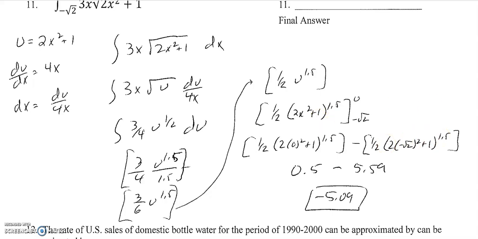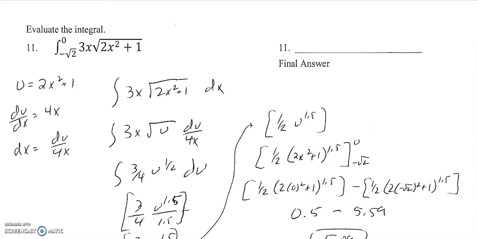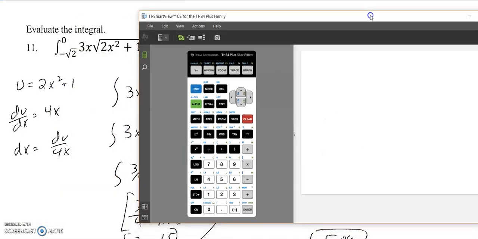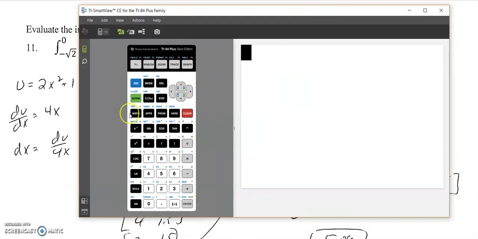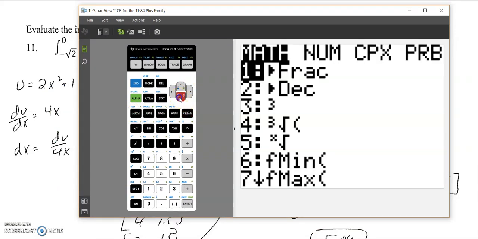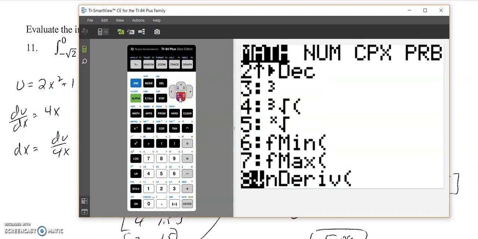Now, because this is a definite integral going from negative square root of 2 to 0, we can use the calculator. So we type in the original into the calculator. So remember, we type math. We go down to 9.